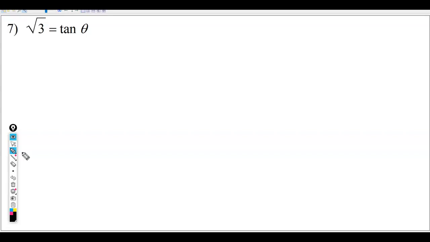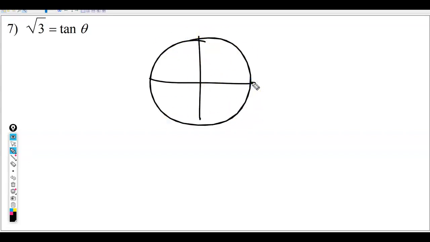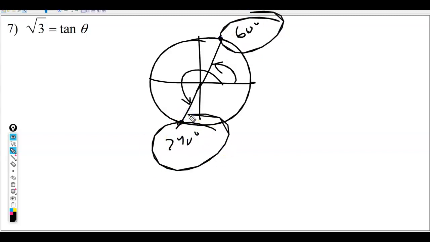We want to find where tangent equals radical 3. It equals radical 3 right here, and it also equals radical 3 right here. What are those angles? That angle is 60 degrees, and this angle down here is 240 degrees. So those are your two answers for where tangent of theta can equal radical 3.